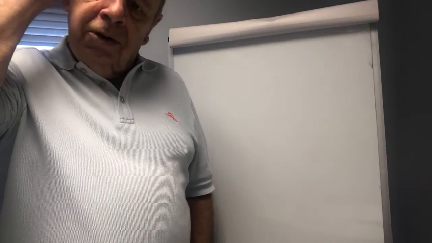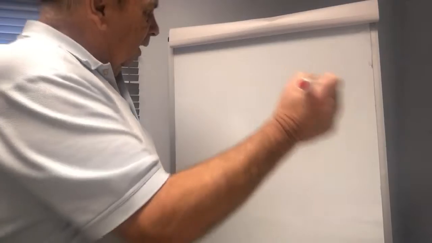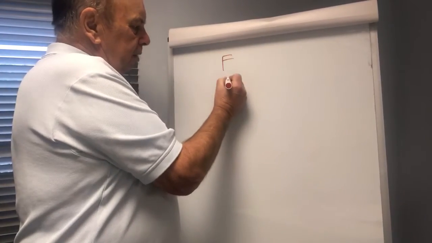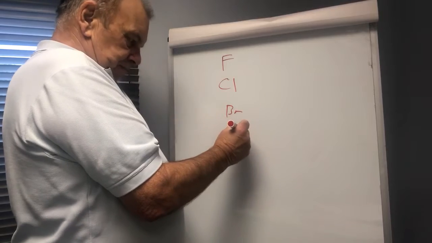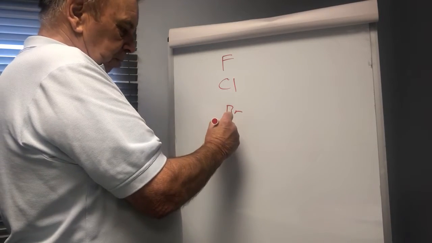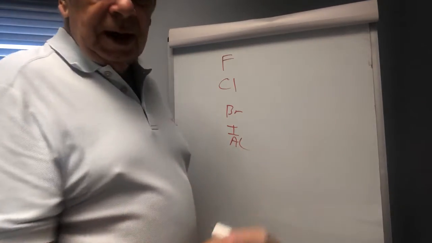How do I know that? Well, this is the next concept, I'm talking about now a displacement reaction. I've said they go fluorine, chlorine, bromine, iodine, astatine, going down that group.